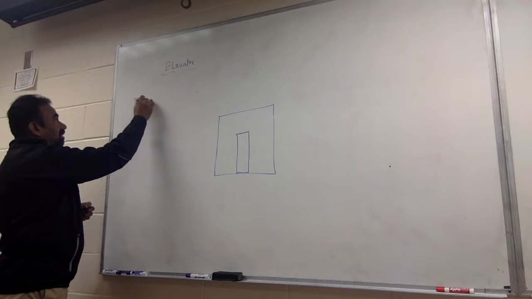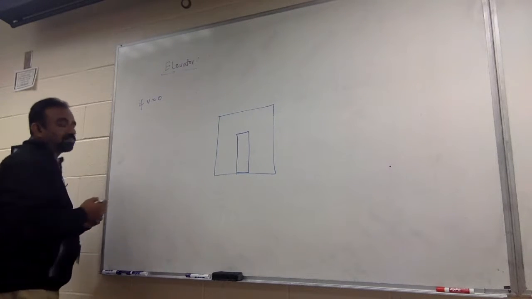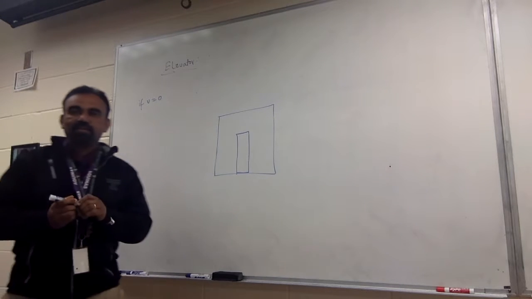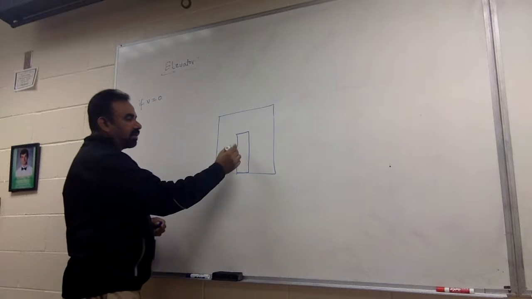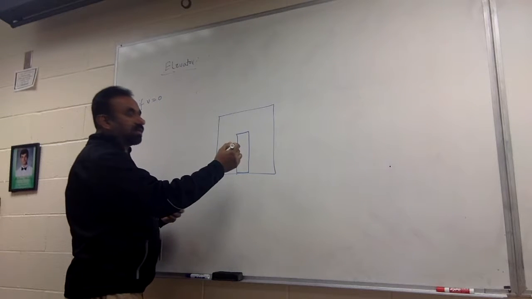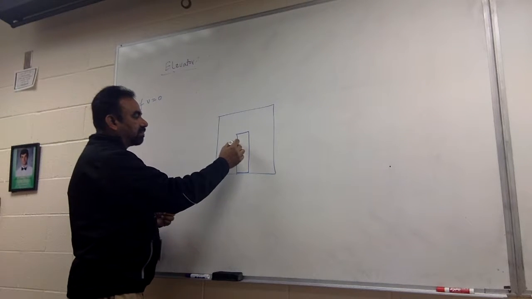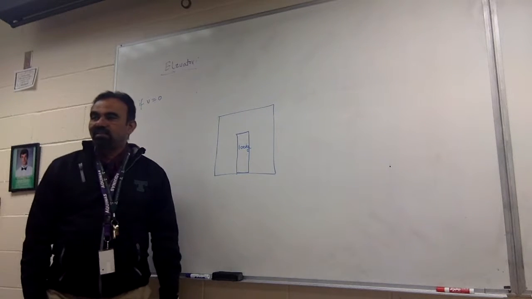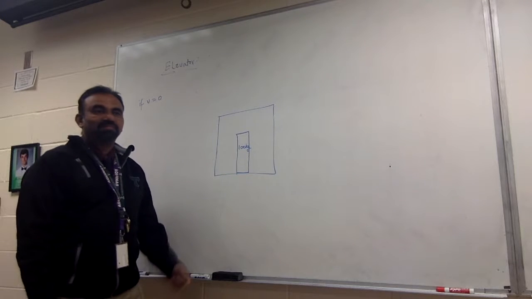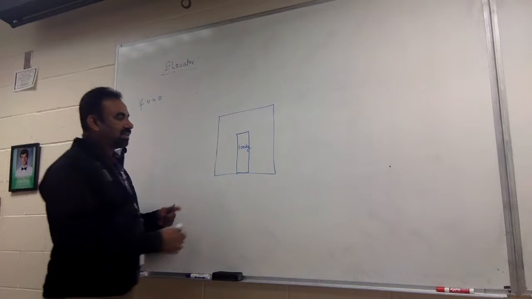If velocity is 0, what are the forces acting on the passenger? Weight downward. Let's say, make it an even number, the person's mass is 100 kilograms.